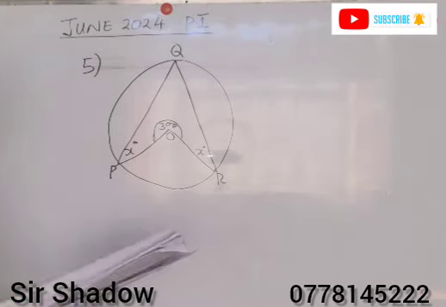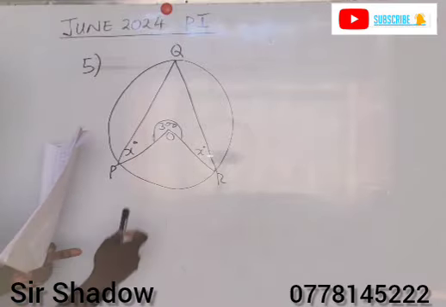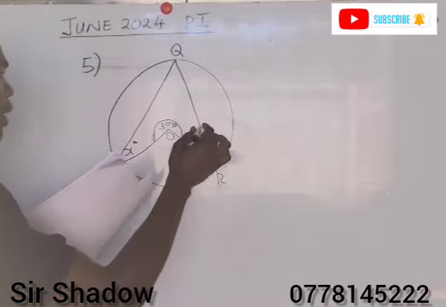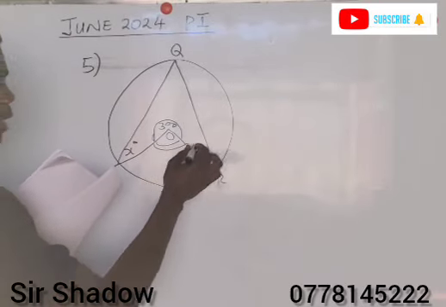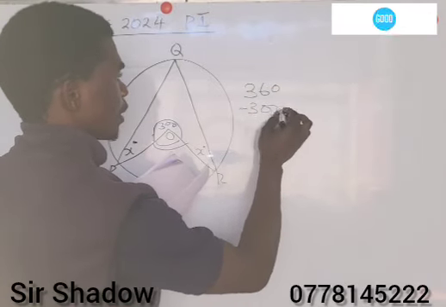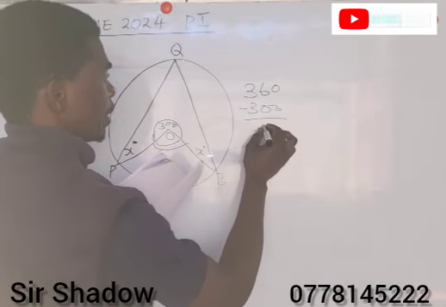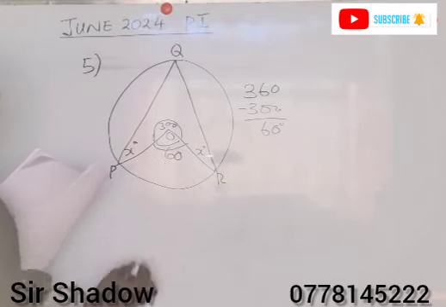Alright, so first of all, we want to find this angle. And remember, this one is a circle. One revolution is 360 degrees. So we want to find this angle inside, so we are saying 360 minus 300. It becomes 60 degrees. So this angle is 60.